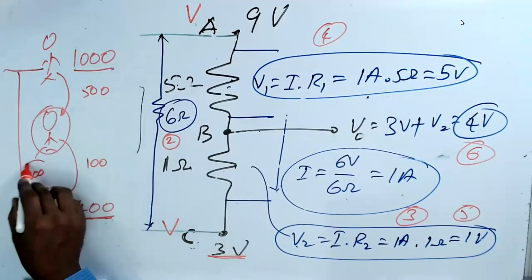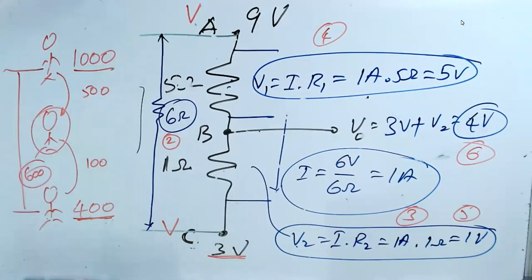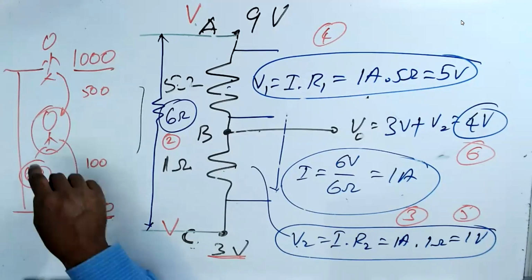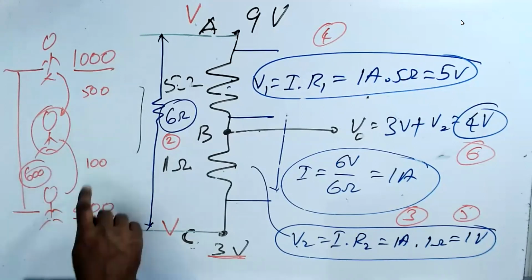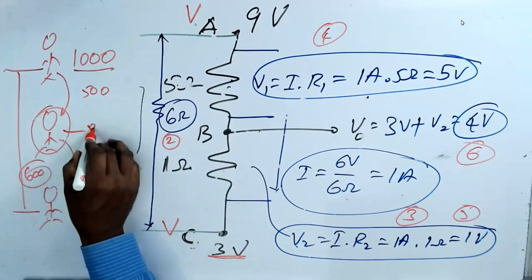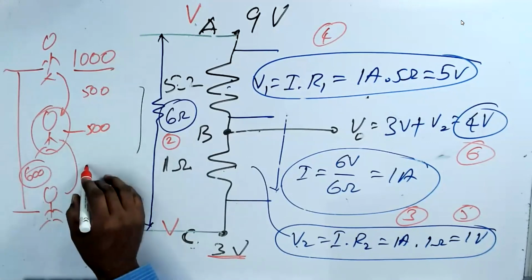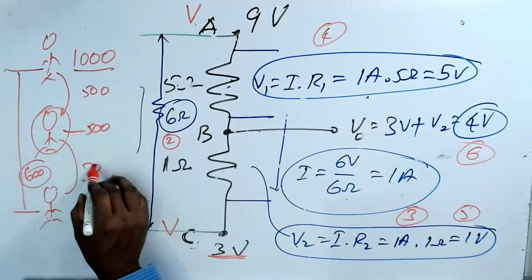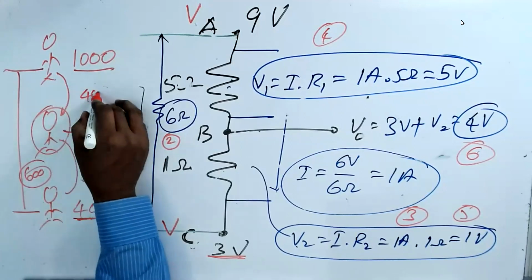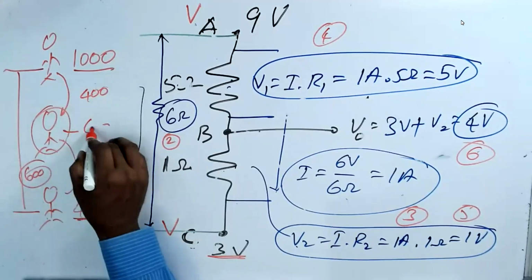The difference is 600 rupees. He is 100 rupees more than that, means 400 plus 100. This guy is having 500 rupees. To make it simple, you can make this a 4 and this a 10, then it will become easy. Then this guy becomes 5.